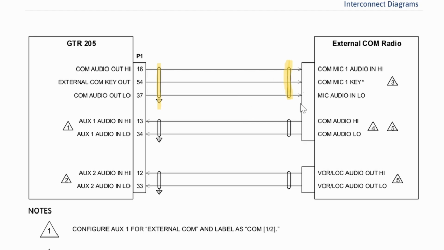So these are three wires in a bundle protected by a shielded layer. Now, what the diagram is telling us, you see this little triangle here, that shield is grounded towards the back of the assembly of the GTR. That's where it's grounded. You can see that the other end is floating.